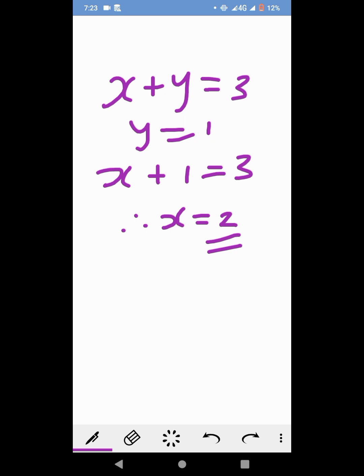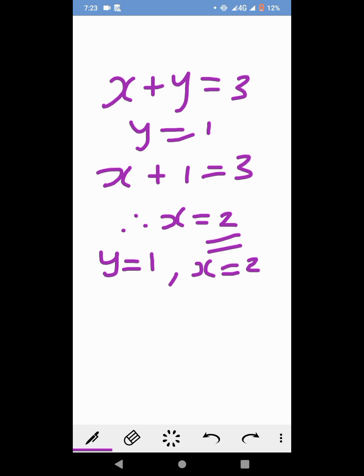Like we did before, all we need to do is to choose the variable we want to make subject of the formula, make it subject of the formula, substitute into the next equation and simplify. Having found the first variable, you substitute into the second, any of the equation of your choice, to find the next variable. And to be sure that we are correct, we found out that our y was equal to 1 and our x now is equal to 2.